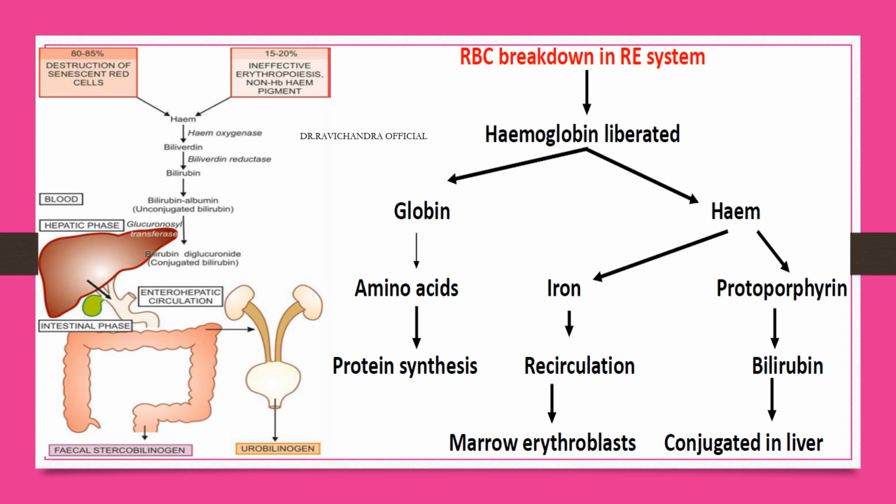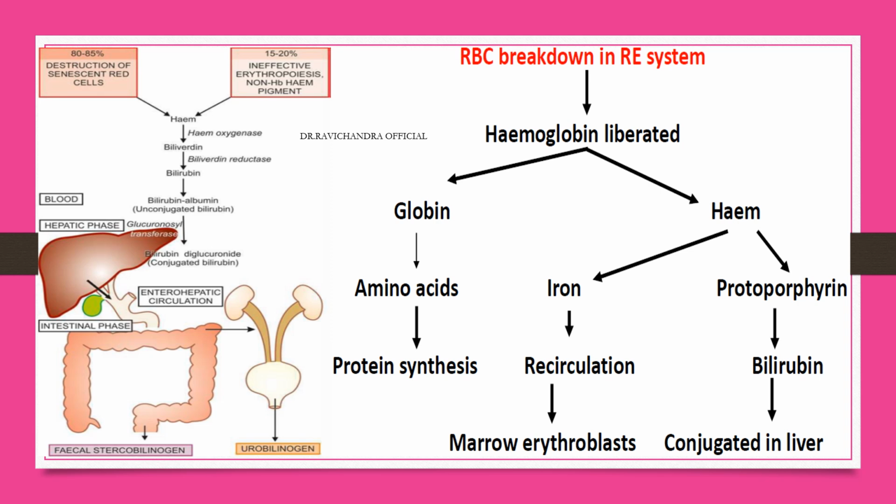The bilirubin forms a complex with albumin, and this is called unconjugated bilirubin, and it will be present in the blood. When this unconjugated bilirubin is transported through the blood to the liver in the hepatic phase, glucuronosyl transferase in the liver will convert the bilirubin into bilirubin diglucuronides, that is conjugated bilirubin.